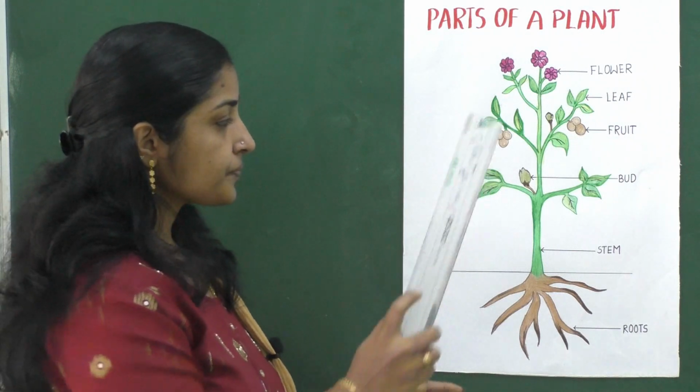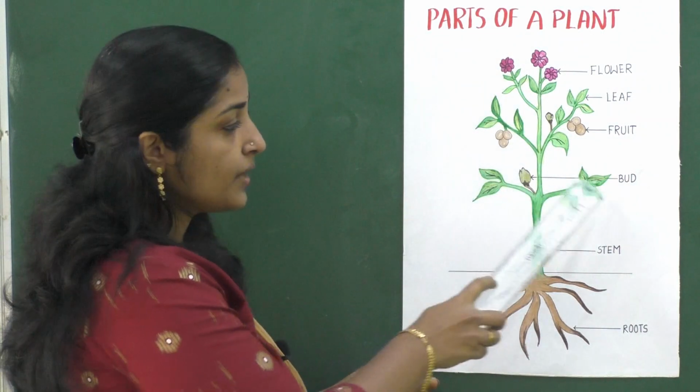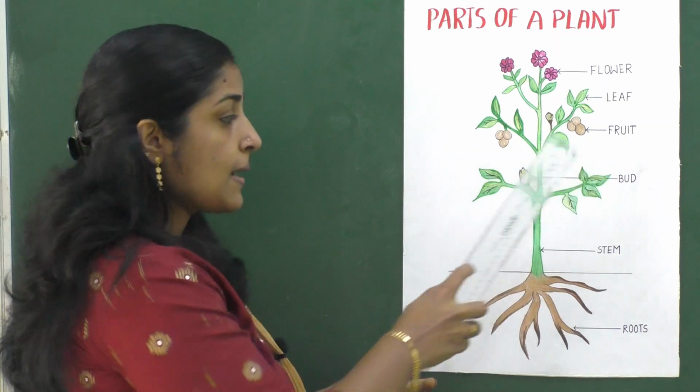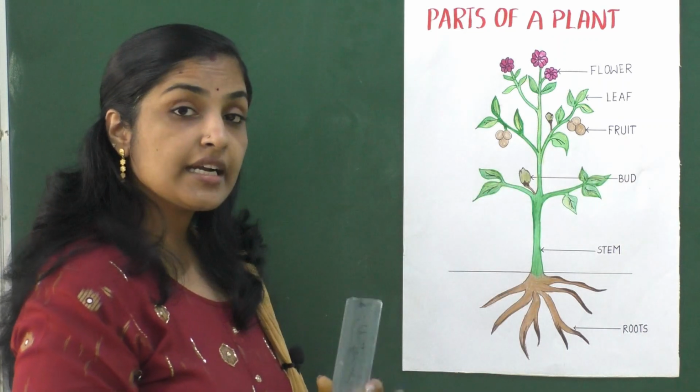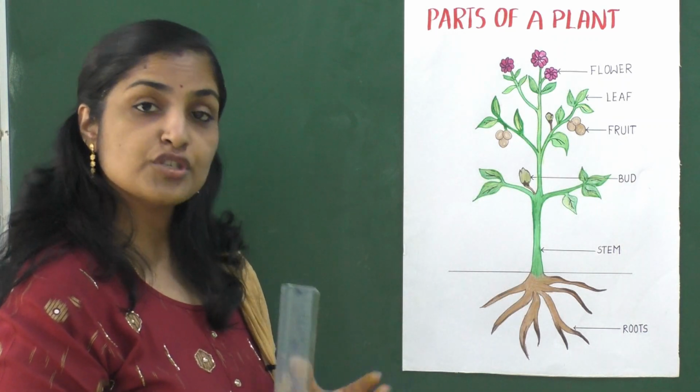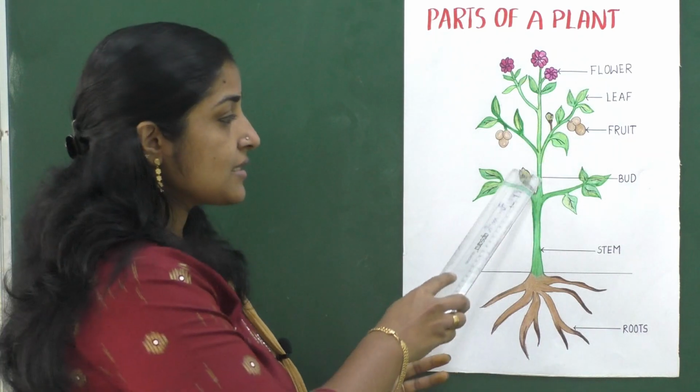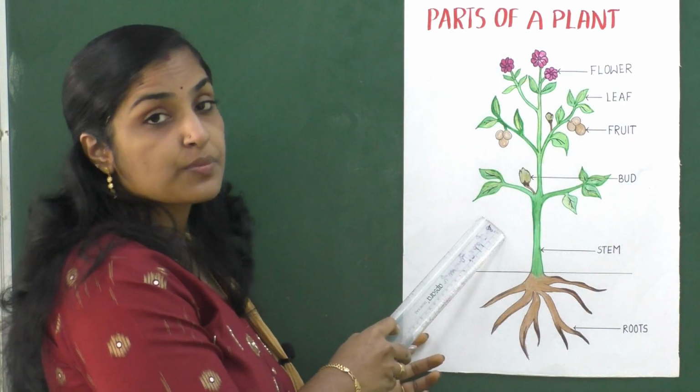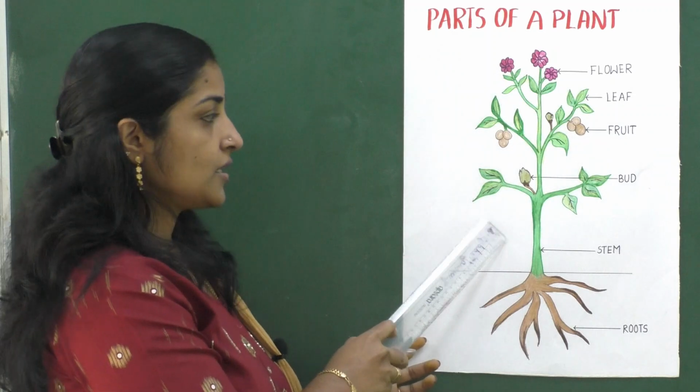Next is bud. B-U-D, bud. A bud is the underdeveloped part of the shoot.